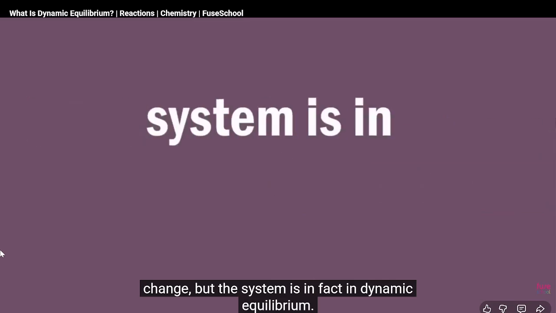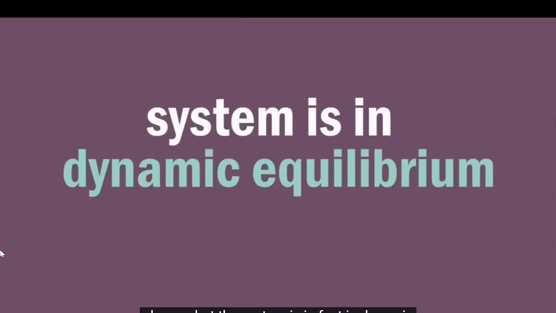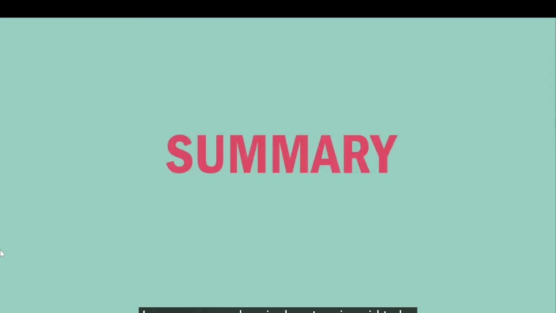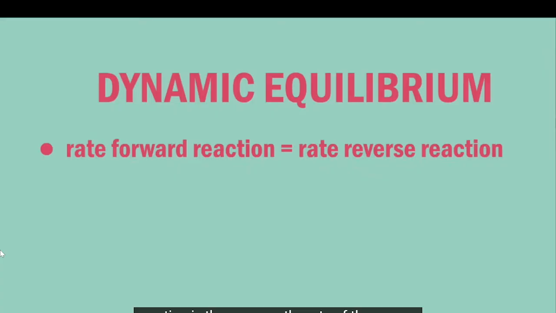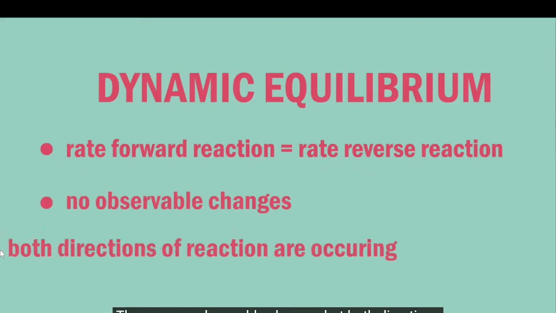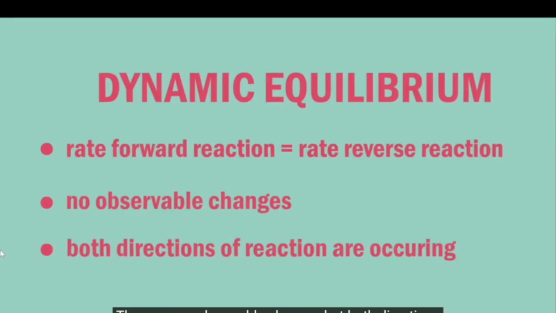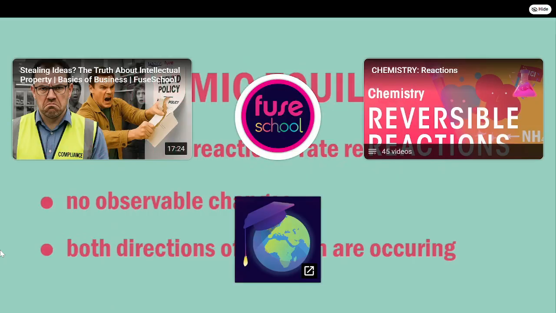But the system is in fact in dynamic equilibrium. In summary, a chemical system is said to be at equilibrium when the rate of the forward reaction is the same as the rate of the reverse reaction. There are no observable changes, but both directions of the reaction are occurring, so it is a dynamic equilibrium.